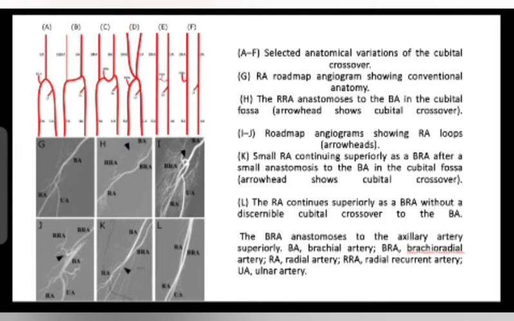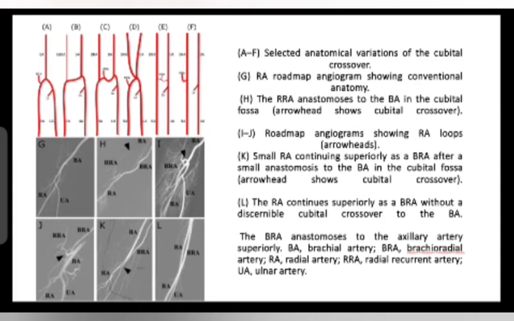In I and J angiographic images, there is indication of radial artery loops.